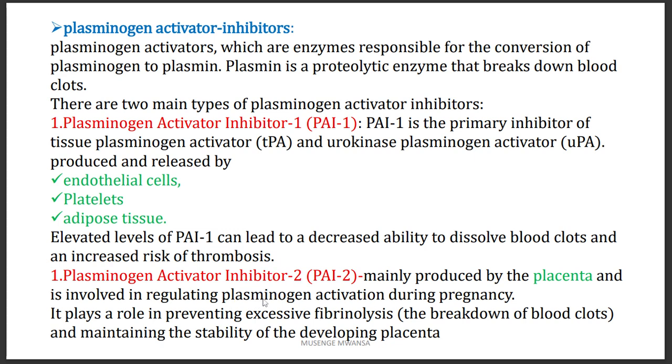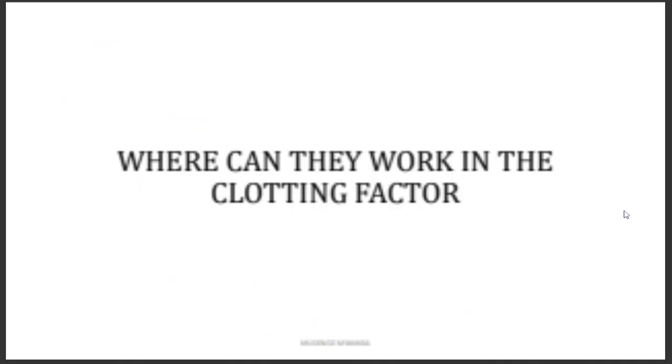The plasminogen is converted to plasmin, and then it breaks down that mesh, and blood starts to flow like that. So the plasminogen activator inhibitor 2 is going to work mostly in such a circumstance during pregnancy. It plays a role in preventing excessive fibrinolysis, that is, the breaking down of blood clots, thereby maintaining the stability of the developing placenta in this case.